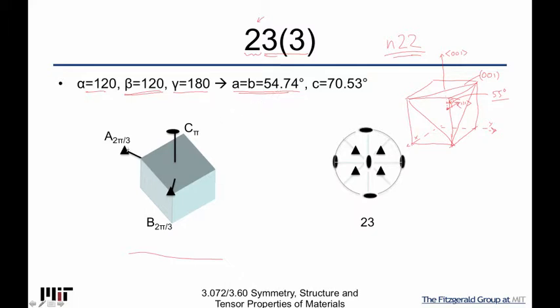And that makes sense because this is coming out of the diagonal. It's the normal, for example, to this 1-1-1 plane there, and this one is normal to the 1-1-1 plane coming out of here, right?